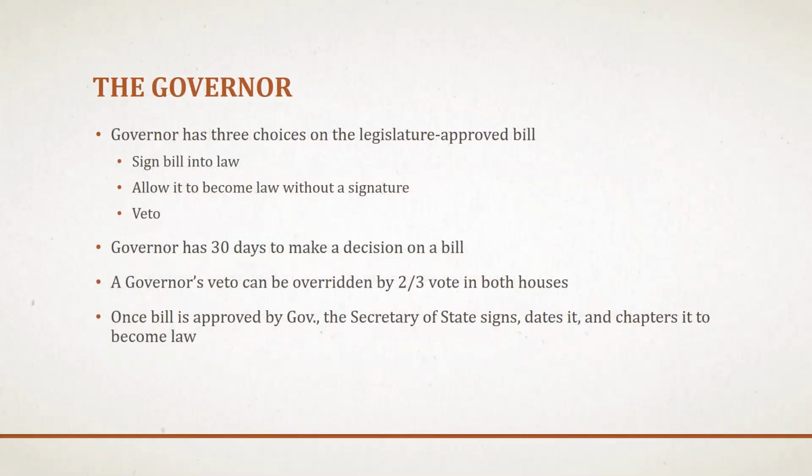So what does the governor do? Well, the governor has 3 choices on the bill. They can sign the bill into law. Usually that brings a big press conference. All of the reporters are out there, maybe people that are benefiting from the bill. If it's a bill for supporting unions, then maybe the local union workers will be there.